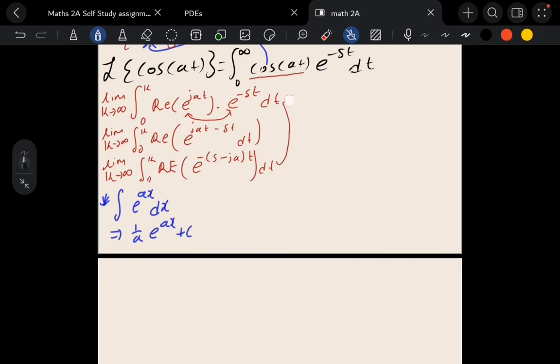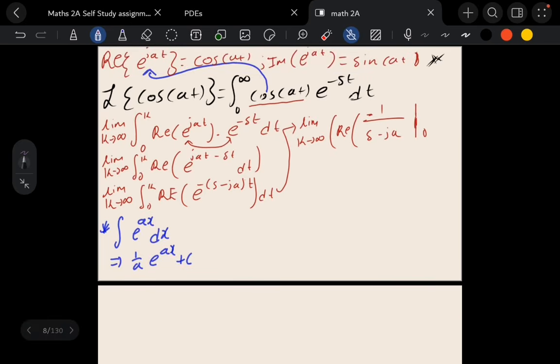So by doing that, I'm going to have the limit as k approaches infinity of the real part of negative 1 over (s minus ja) e to the power negative (s minus ja)t between 0 and k.